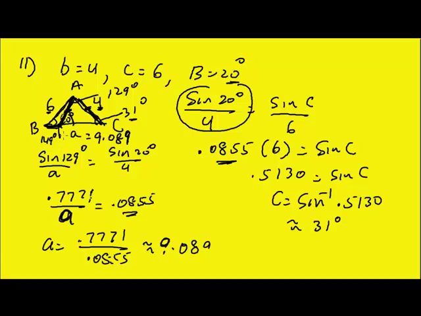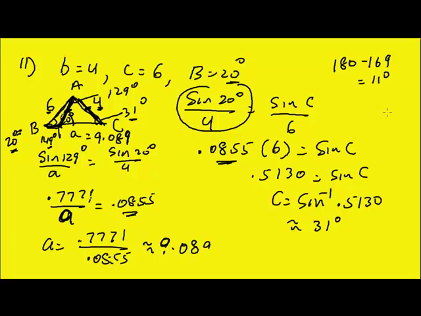Okay, 149 plus 20, which is the angle B, that adds up to 169. And yes, there's going to be another one. So 180 minus 169 is going to give me 11 degrees. So that my angle A could be 11 degrees.